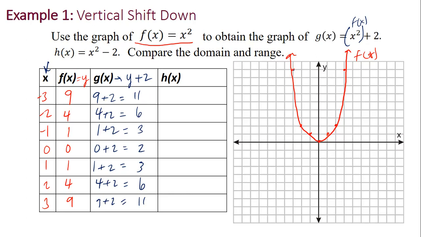What this is telling you is that each point that I originally graphed is shifting up 2. So instead of being at 9, it's now at 11. Instead of being at 4, it's now at 6. Instead of being at 1, it's now at 3. Instead of being at 0, it's now at 2. I'm literally shifting each point up 2 units.